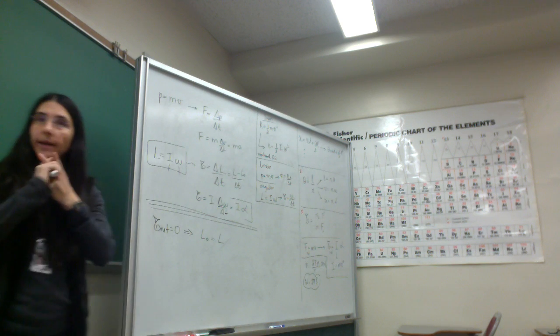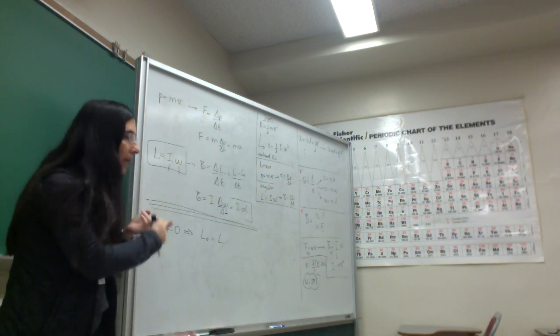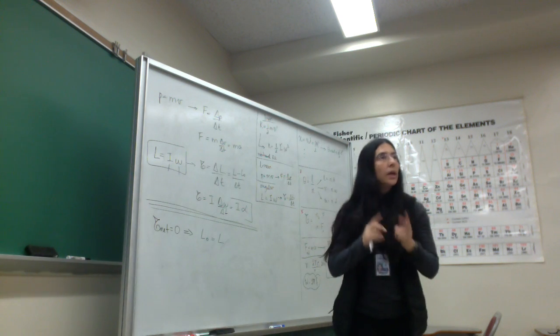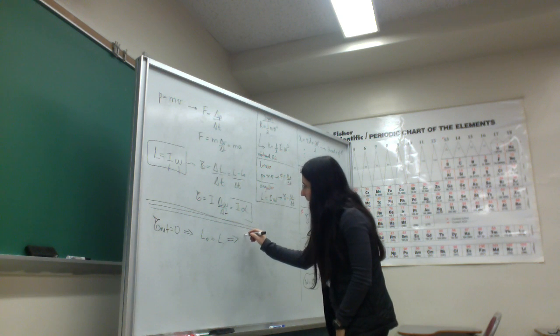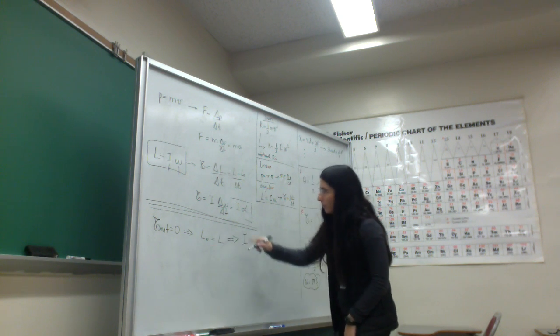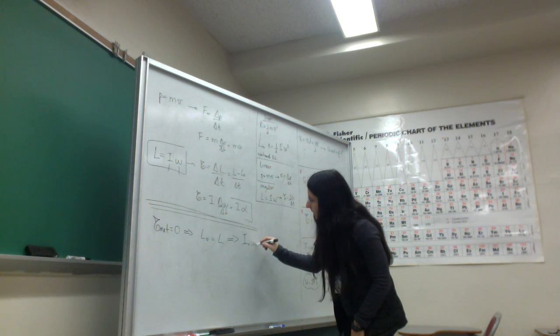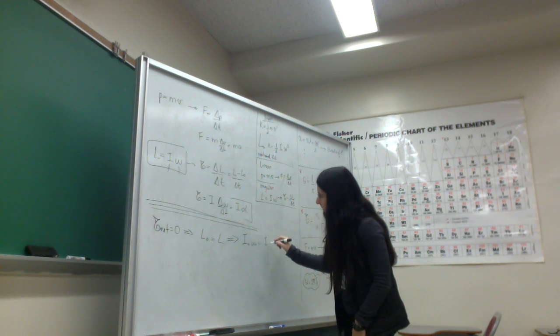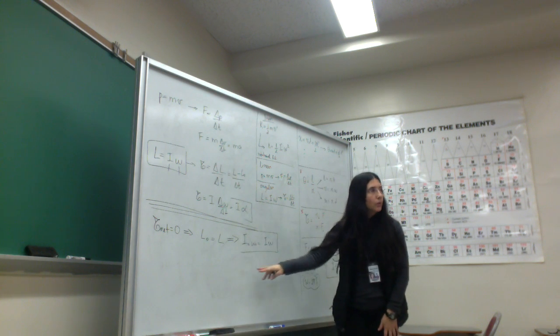So there are two ways. This is the nice thing. There are two ways for the angular momentum not to change. Let me rewrite this equation like this: I naught omega naught equals I omega. Constant.